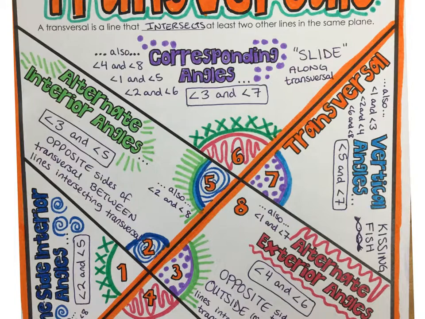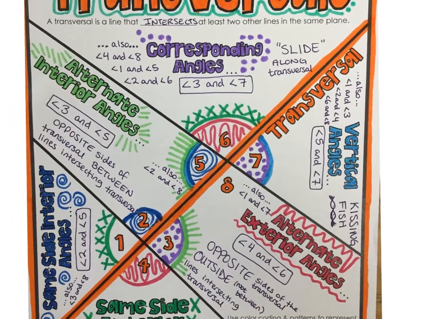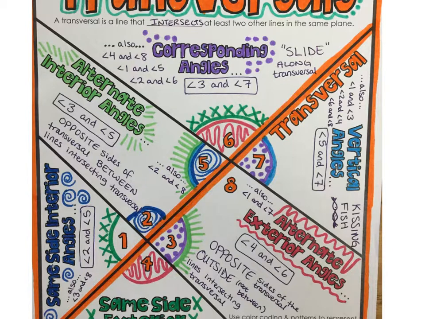In our diagram, we are using angles 3 and 7. We see angle 7 here, and angle 3 is here. Notice they both have purple dots. They're in the same spot, on the same side of the transversal.